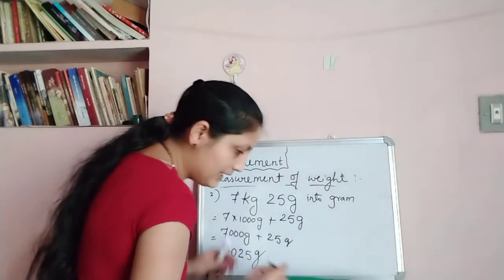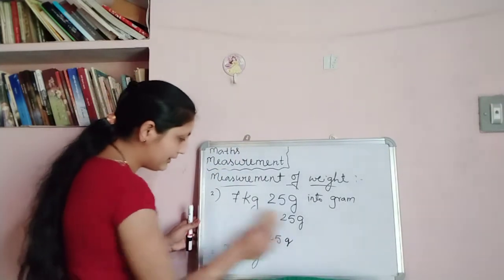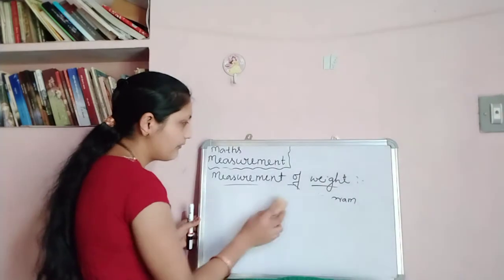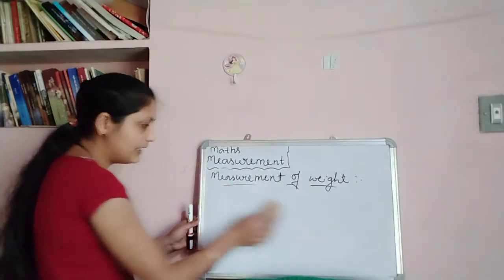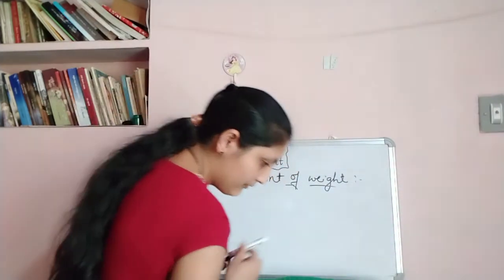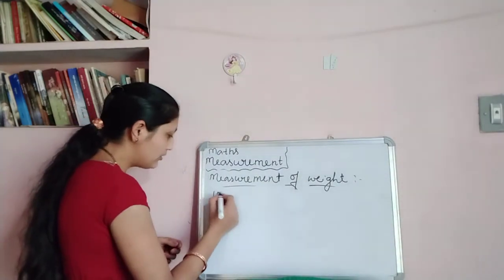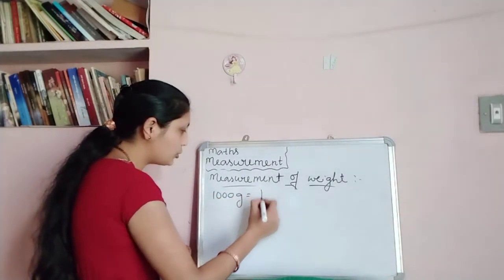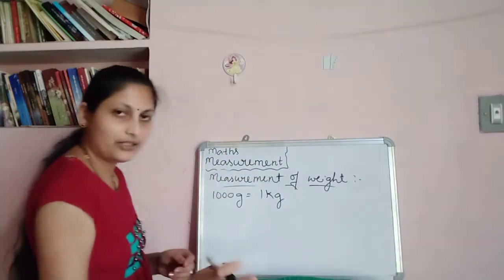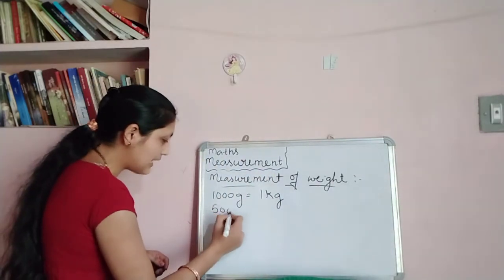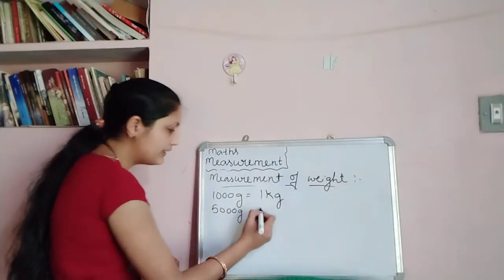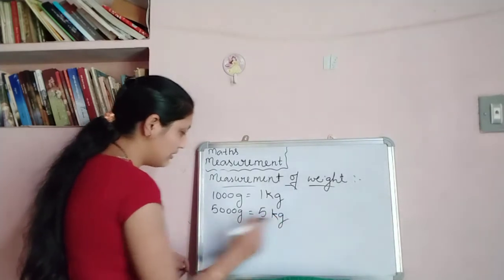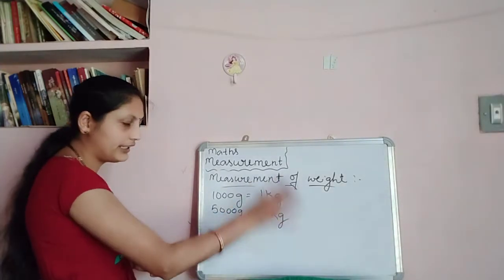Next, let us see gram into kilograms and grams. You all know that 1000 gram is equal to 1 kg. In the same way, 5000 gram is equal to what? That is 5 kg. You just remove these 3 zeros and write 5 kg. Clear?